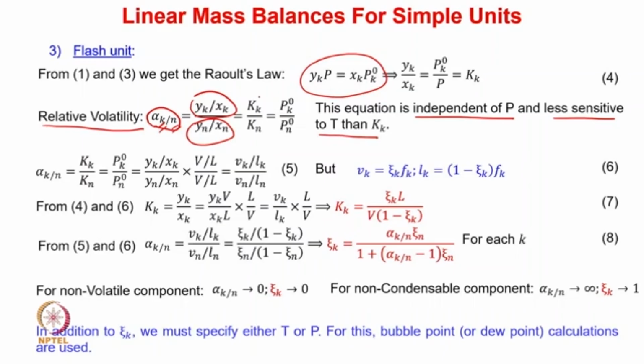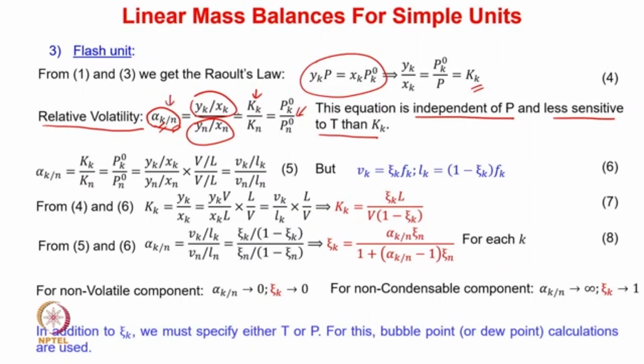So yk by xk is nothing but kk. That is what we have derived here in the equation number 4. So kk divided by kn, that gives us the alpha kn, which is nothing but the relative volatility of the component k with respect to the key component n. So this is given as pk naught divided by pn naught, isn't it? So you can clearly see that pk naught and pn naught, these both can be calculated by using Antoine equation, and we can calculate the relative volatility.